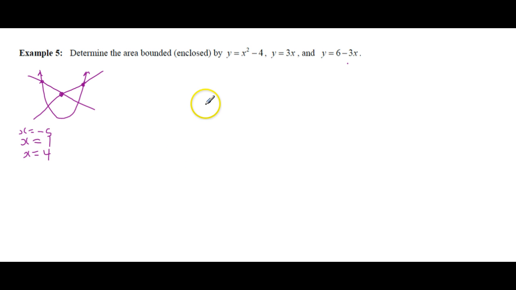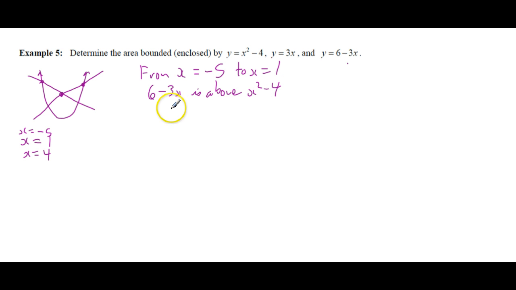Okay, so let's write that out. And you can just sort of skip ahead if you want. So from x equals -5 to x equals 1, 6 minus 3x is above x squared minus 4.